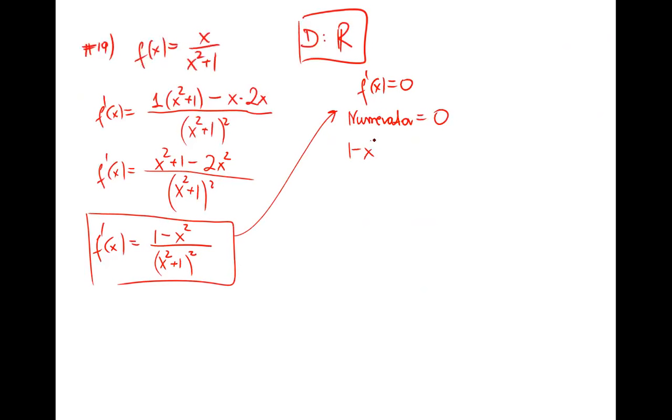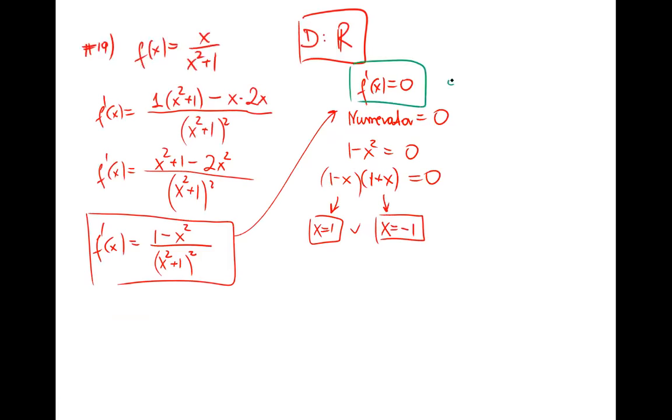I can't have 0 in the denominator. And then I have 1 minus x, 1 plus x. And this is giving me 1 single number. We can see no powers. And this will give me -1. And both of them are in the domain. That's my critical numbers.